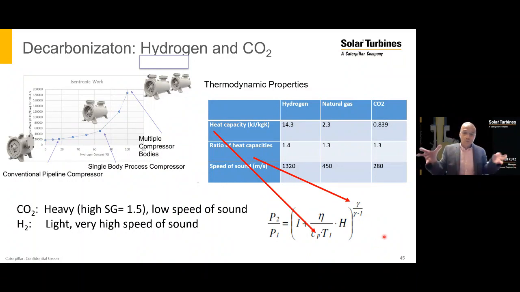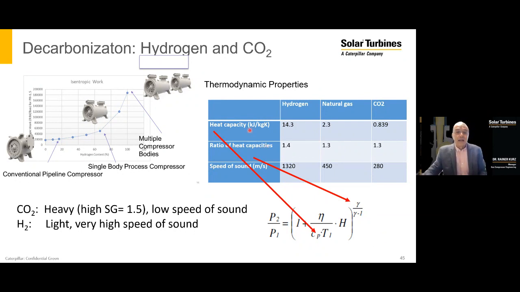So the same principles that I explained earlier apply to the machines, no matter whether you compress hydrogen or whether you compress CO2. The key difference is that while CO2 is a very heavy gas with a low speed of sound, hydrogen is a very light gas that has a high speed of sound.